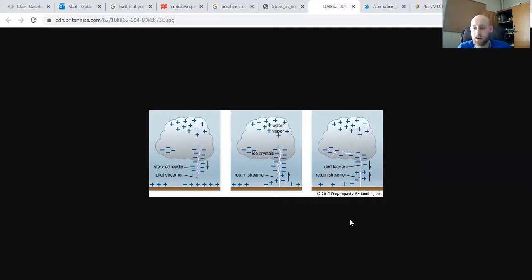The speed of light is faster than the speed of sound. So whenever there's lightning, we always see the lightning first, and then hear the sound second, hear the thunder second. That's what allows us to calculate how far the storm or the lightning is away from us.